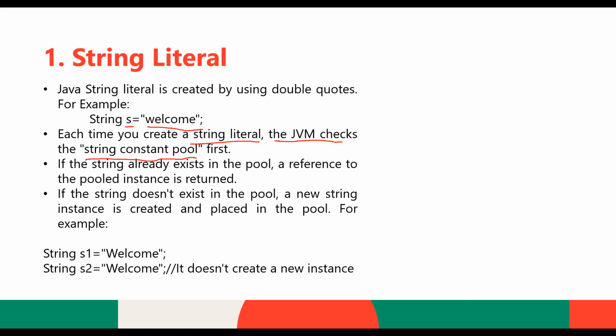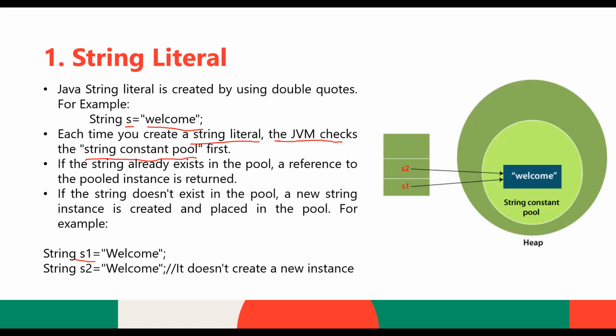So here it does not create a new instance, but it will return the s1 reference. So right now you can see in the diagram, S2 and S1 both point to the same string, that is welcome.